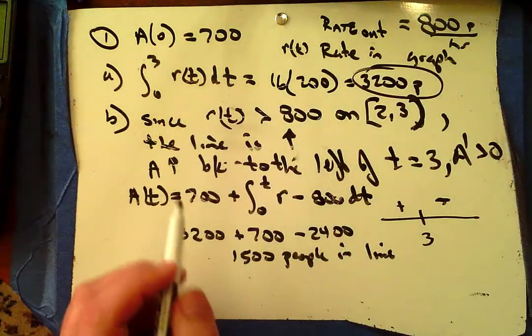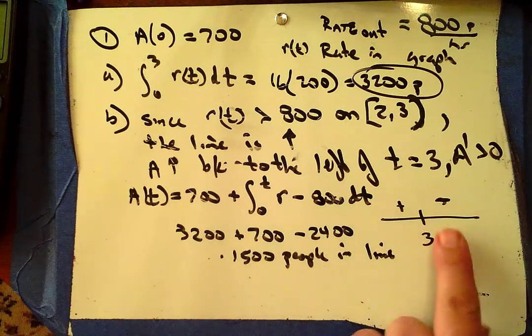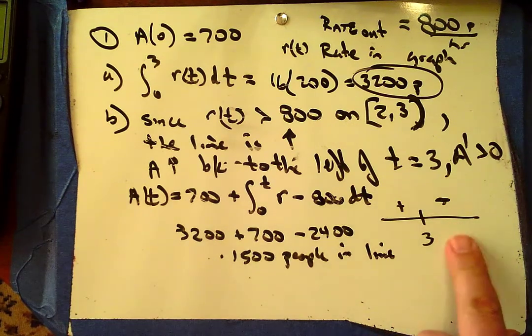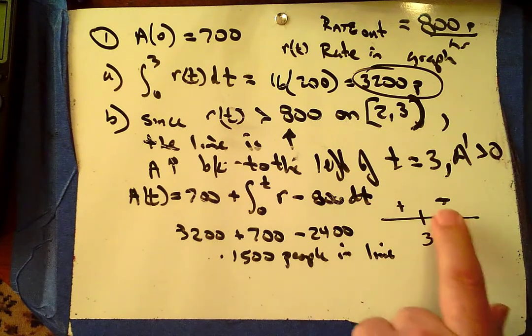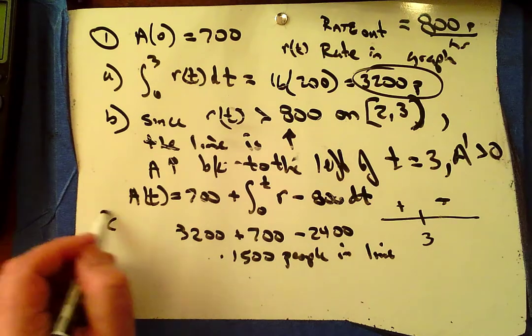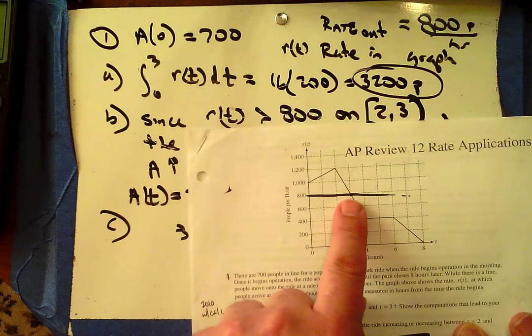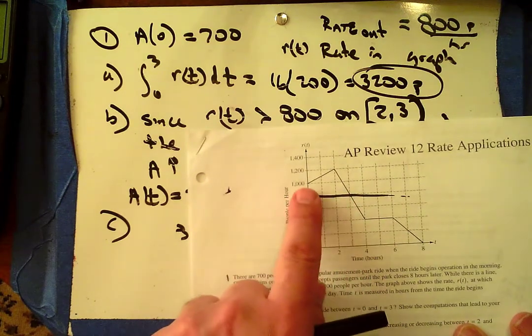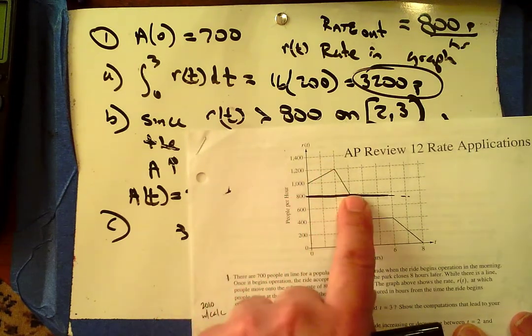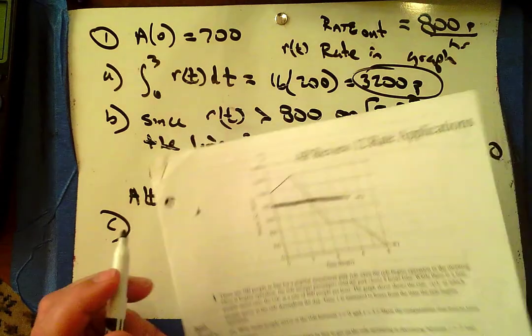And we can defend this, we can justify this, either by defending this max we found when we did part B, or we could say, hey, R of t, the line is growing longer as long as R of t is above 800, and that stops happening at 3, therefore the max occurs at t equals 3.